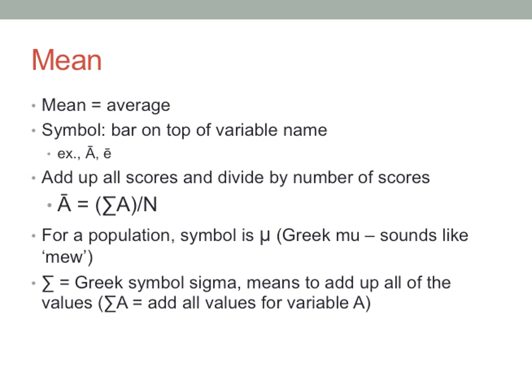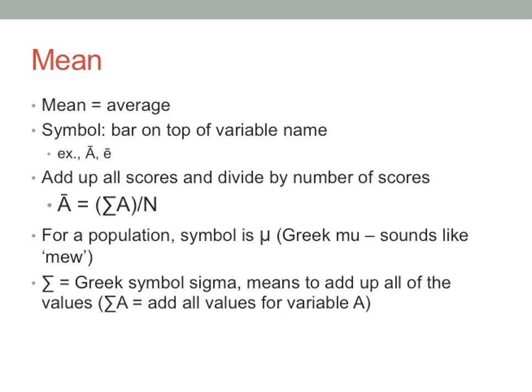Now, while we have A bar and E bar, or whatever bar, for a population, and I'm putting this here so when you come back to reference this slide, this is here, but for a population as opposed to a sample, which again we'll get to later, the symbol is actually mu.